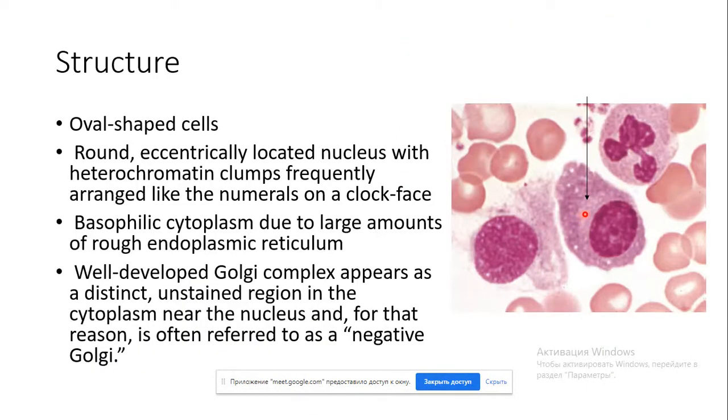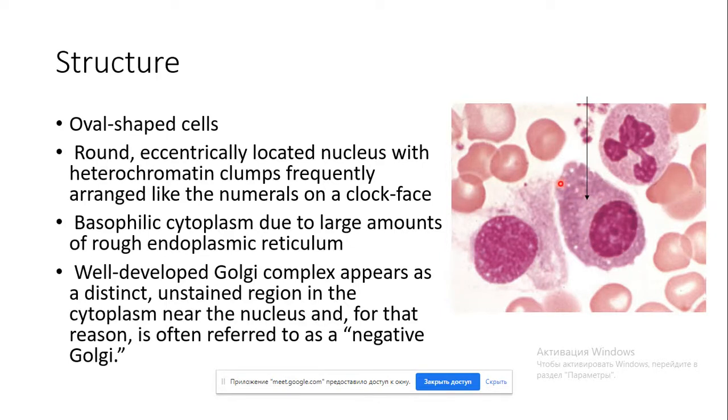Structurally, it also possesses very basophilic cytoplasm, but here you can find the negative Golgi effect. The Golgi complex is very well developed here because proper folding of the antibodies is very important for the cell, and that's why near the nucleus we can find this little pale-appearing cytoplasm.